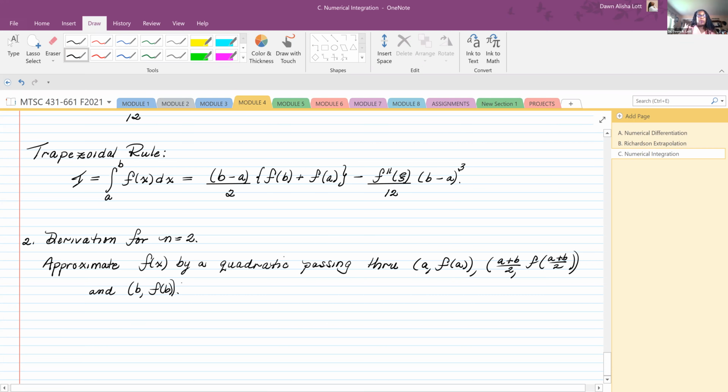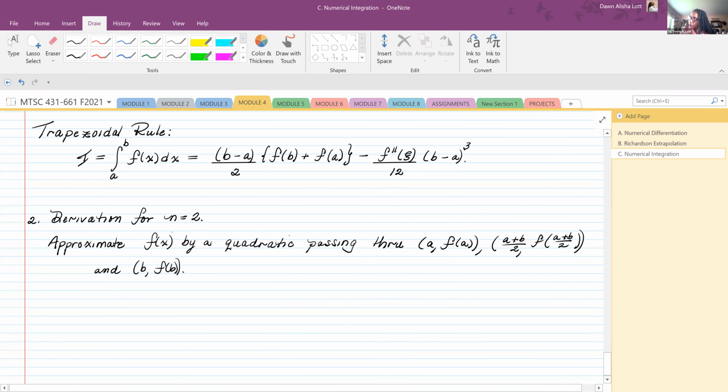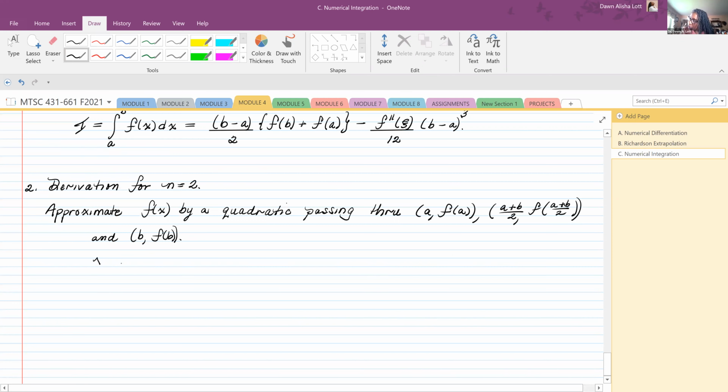Okay, so here x naught is a, x1 is a plus b over 2, and x2 is b. So I is the integral from a to b of f of x dx.